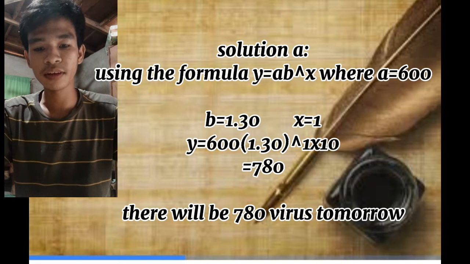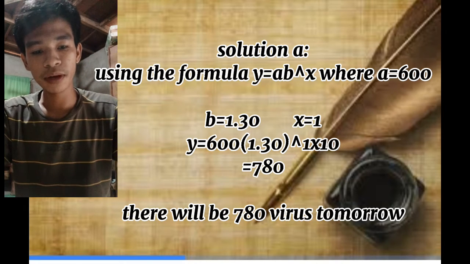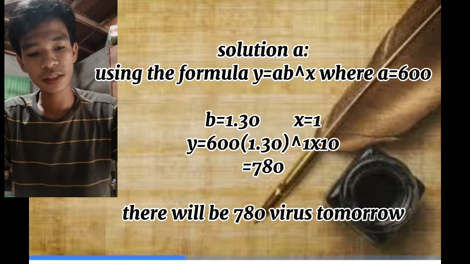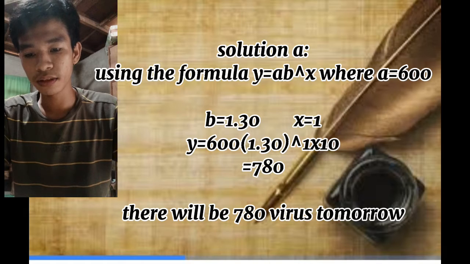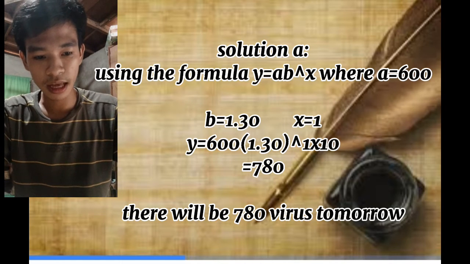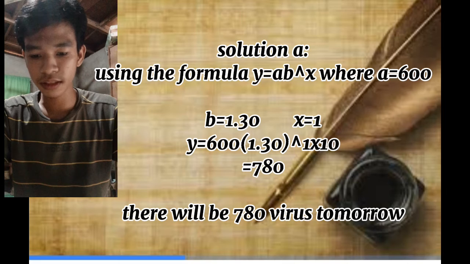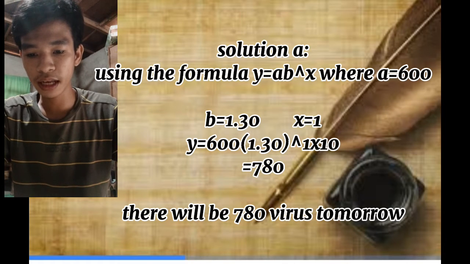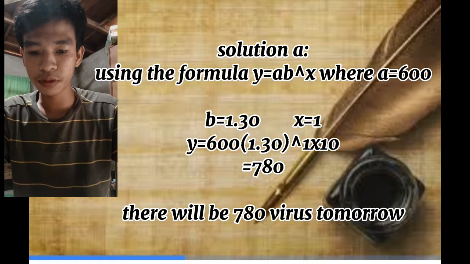So, solution A, guys. Using the formula y equals a times b raised to x, where a equals 600, b equals 1.30. This 1.30 we got from the growth factor, which is 30%. Then we added 1, so it became 1.30.